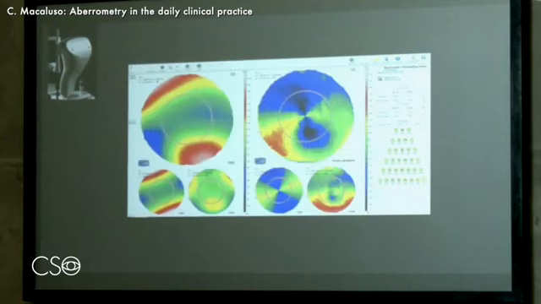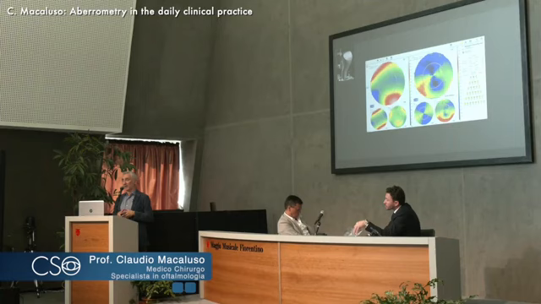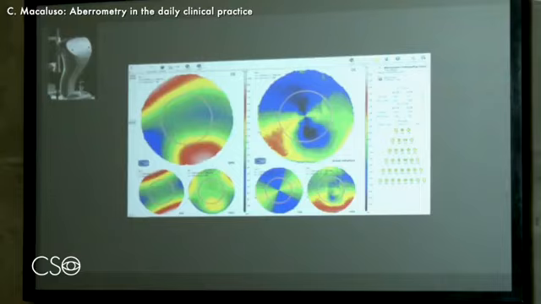This is another case of ectasia. It's a different disease. It's pellucid marginal degeneration. This is very interesting for us to analyze the effect of the different aberrations, and particularly how in the center of the eye, of the pupil, the high order aberrations are not that big.